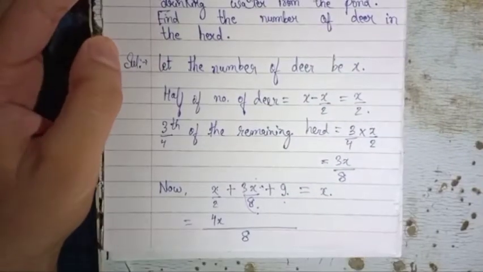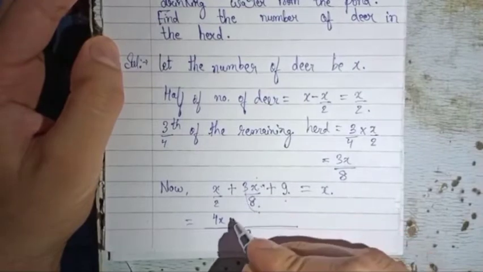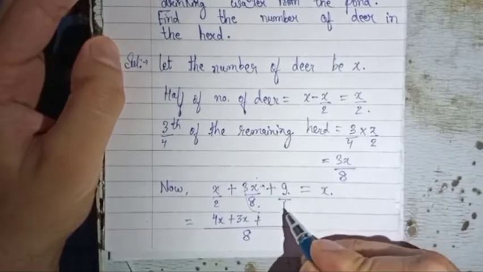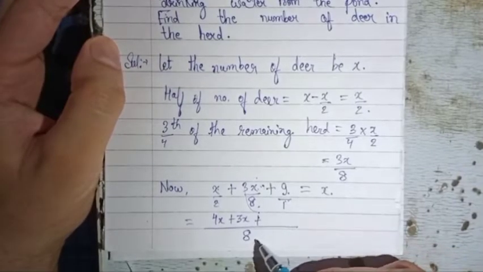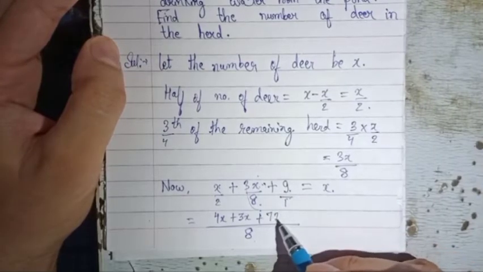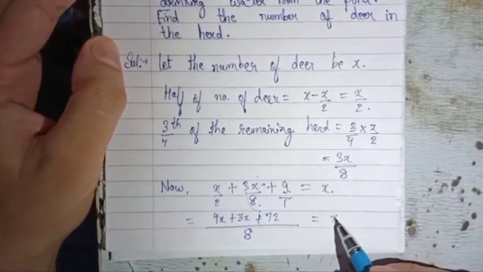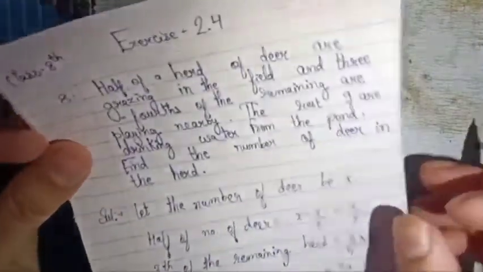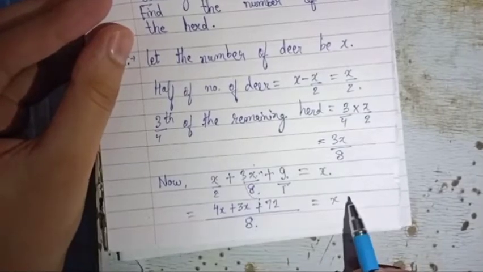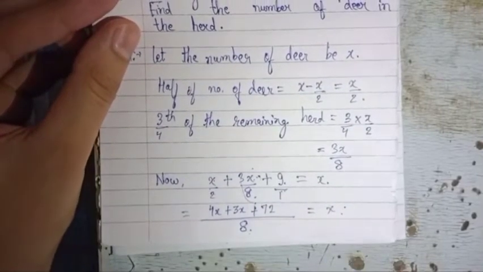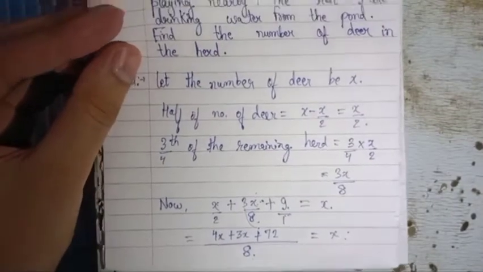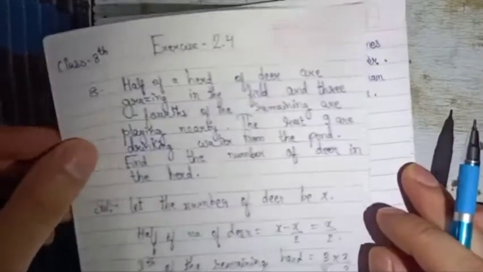Then 8 will divide 8 one time, so 3x will remain as it is, plus the denominator of 9 is 1, 1 will divide 8 eight times, 8 will multiply with 9, 8 nines are 72, so 72 will be there, and it is equal to X. Now we will cross multiply the values, that means 8 will get multiplied with X.